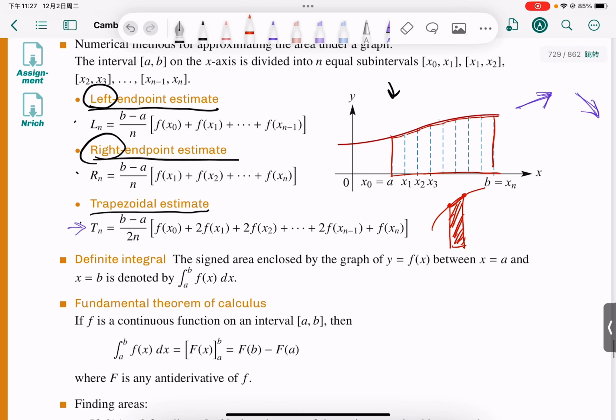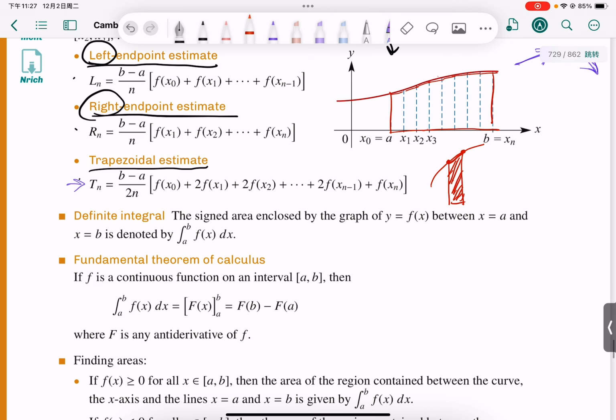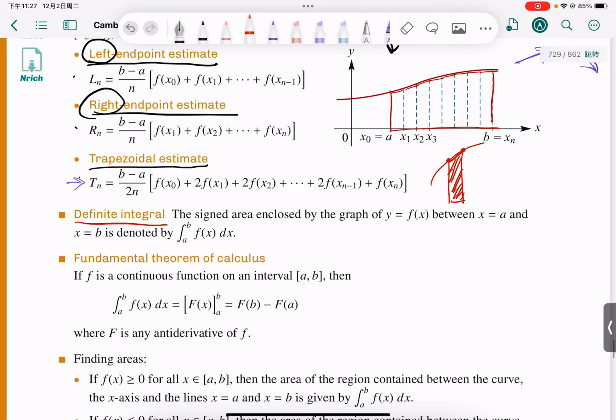Okay, let's move on to what's a definite integral. The definite integral is the signed area enclosed by the graph of f(x) between x equal to a and x equal to b, denoted by the integral from a to b.